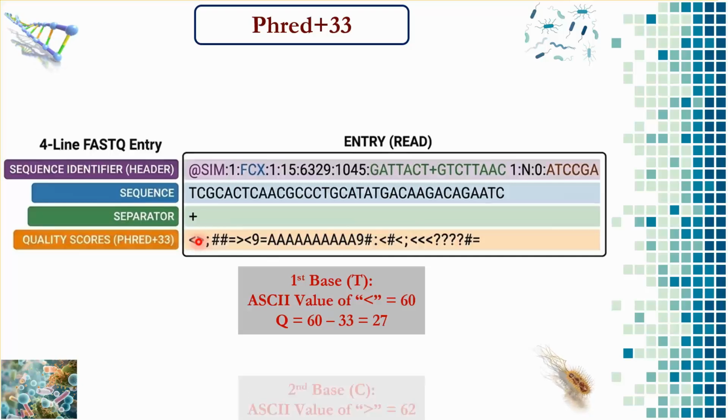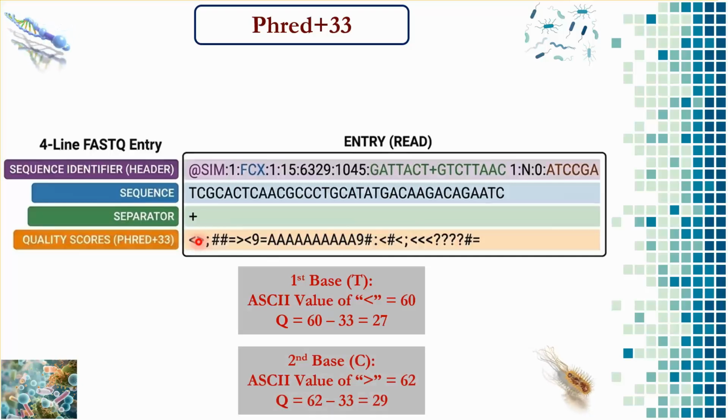For the second base, now let's look at the second character, the greater than symbol, which has an ASCII value of 62. Applying the same formula, this gives a Q score of 29, indicating slightly higher confidence than the first base. Older sequencing systems used Phred plus 64, but this is now obsolete and only seen in older datasets.